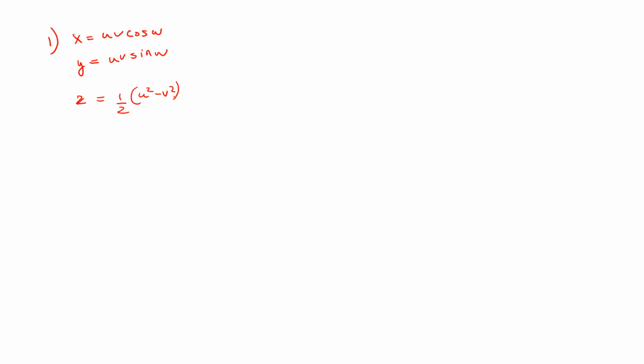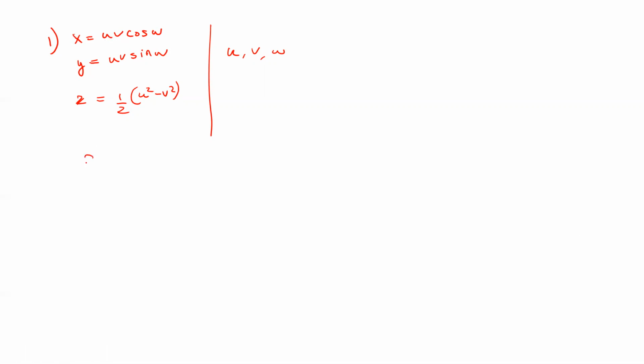Now our new coordinate system is given by u, v and w. These are the variables in the new coordinate system, and these are the relationships between x, y, z, the old coordinate system, and the new coordinate system u, v, w. Now we are asked to find out.